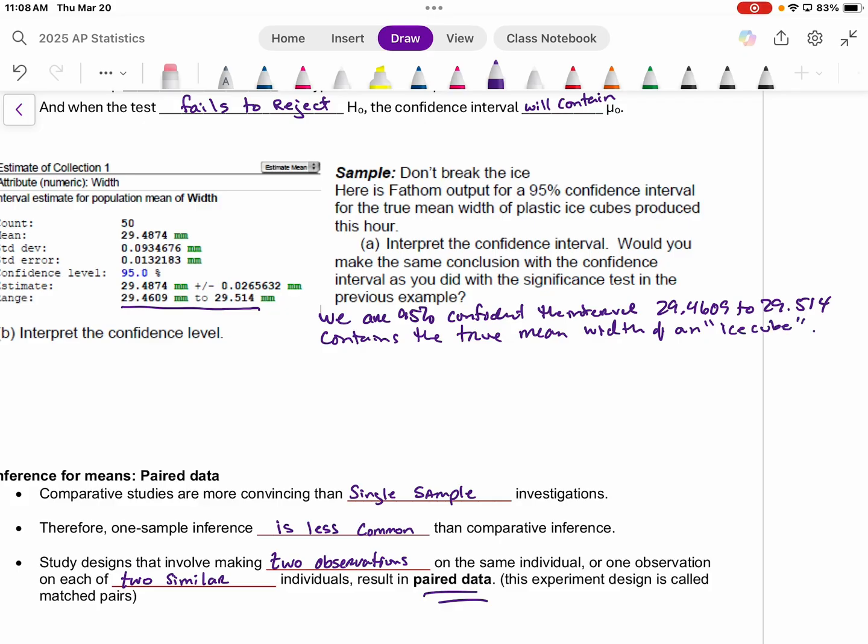And now the answer to the second part, would you make the same conclusion?